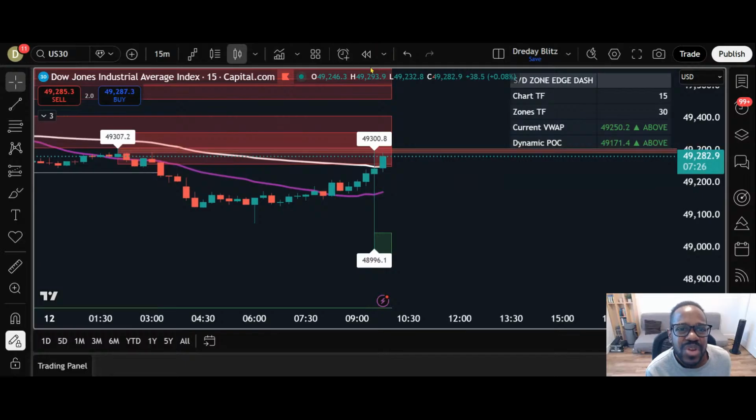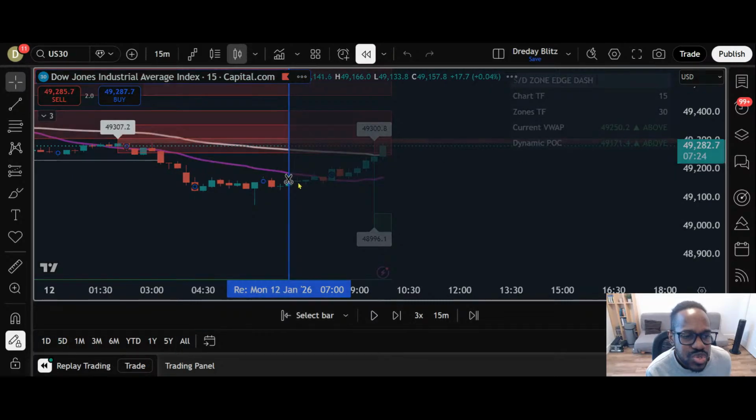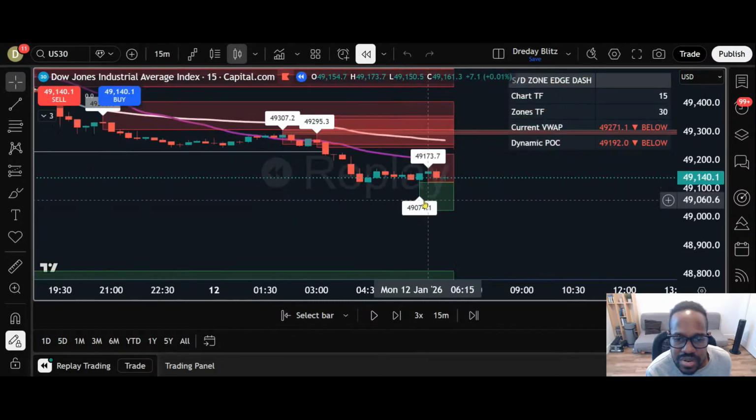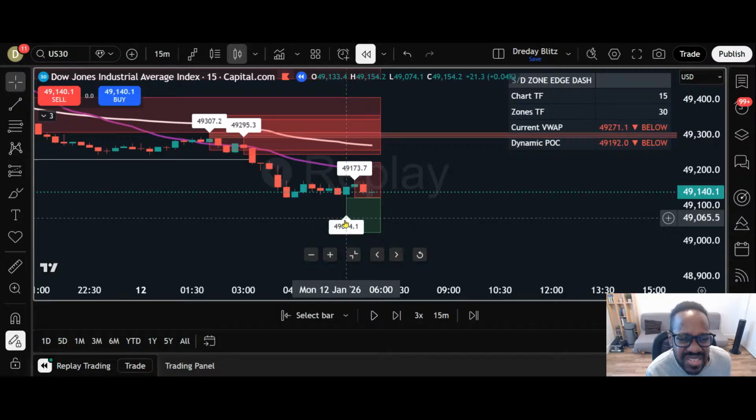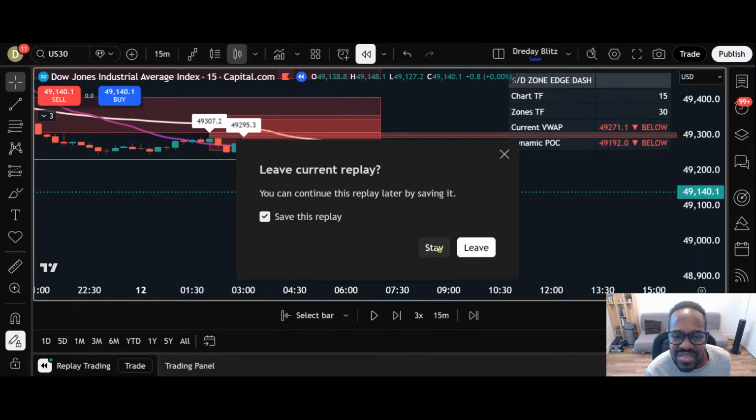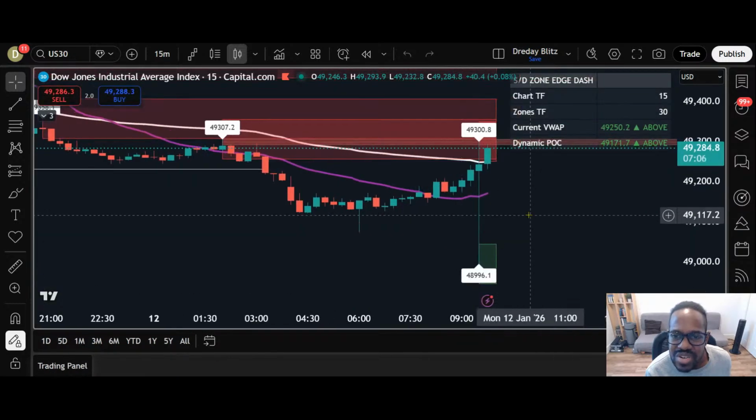So if I do a replay, you should see a pivot point pretty much right here. So that's another pivot point here. So if you don't want to have a bigger stop loss, the next zone will be this one right here. All right. So that will be the nearest one.